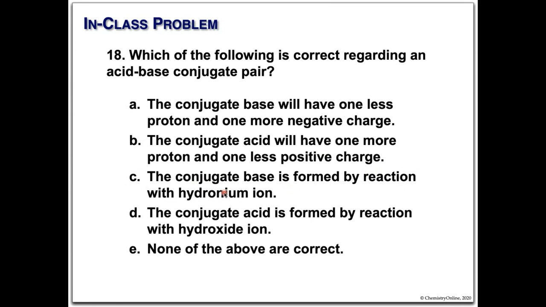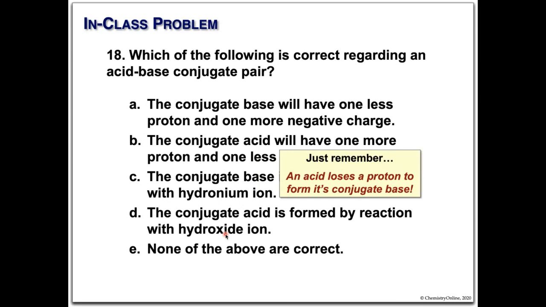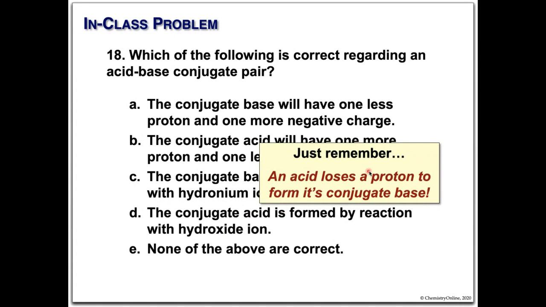That doesn't make sense at all. And the conjugate acid is formed by reaction with hydroxide. No. So remember the basics. An acid loses a proton to form the conjugate base. Conjugate base will therefore have lost its proton, and with it, it loses the positive charge, making it one more negative.